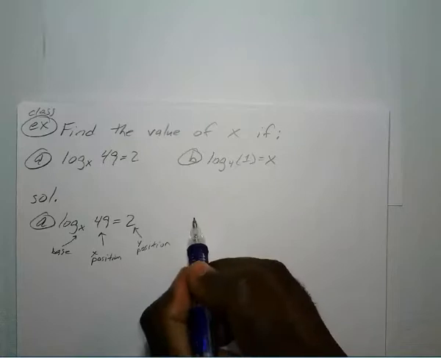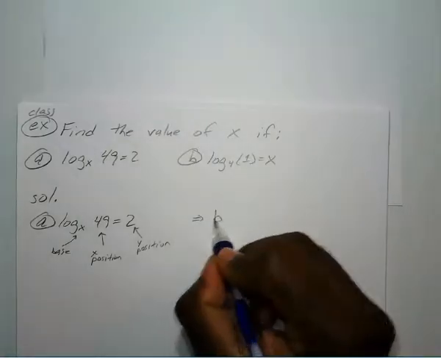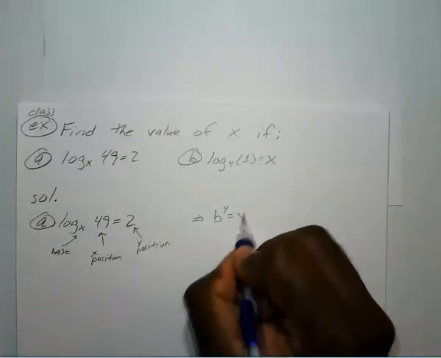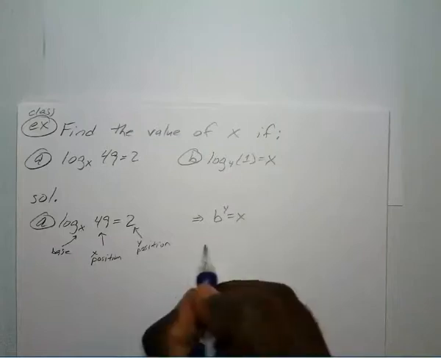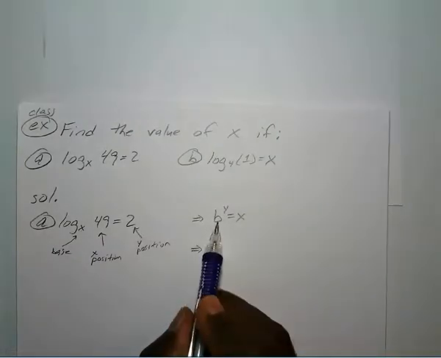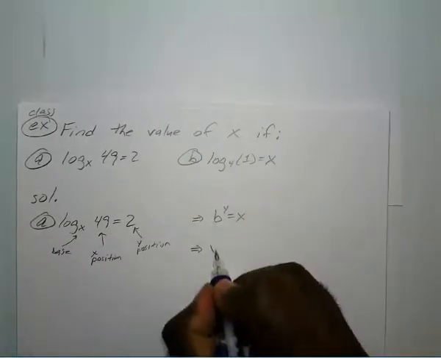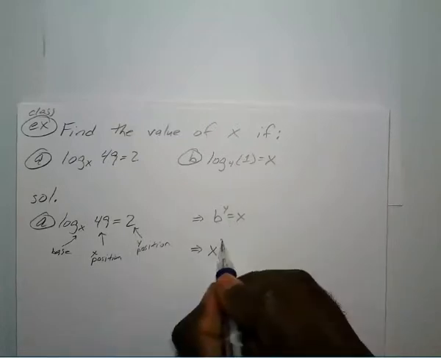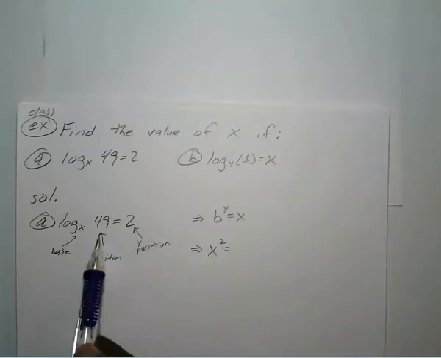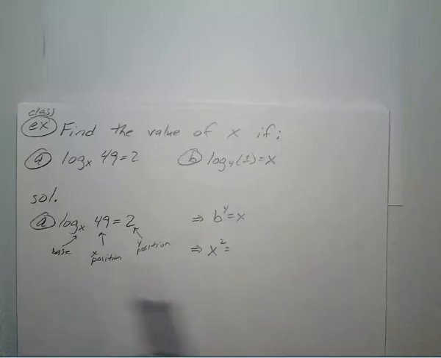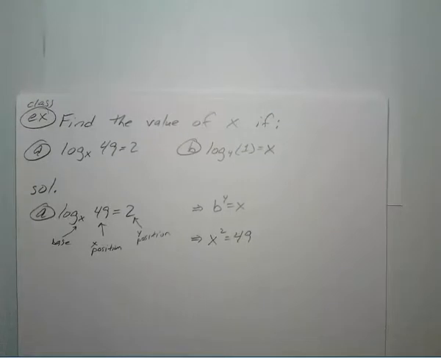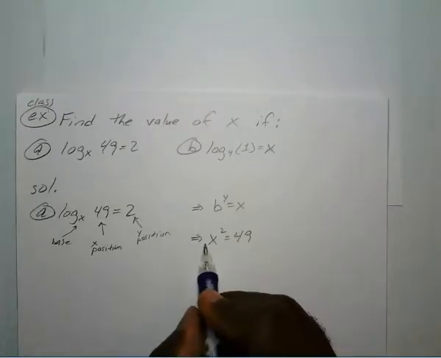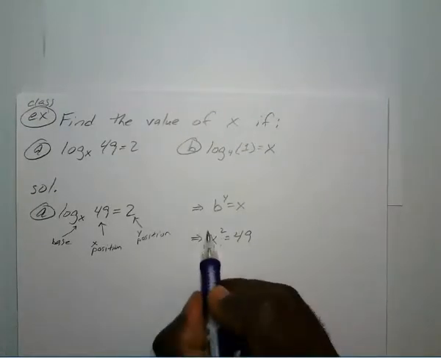Okay, so our b to the power of y equals x. We know our base is x, to the power of y, so x squared equals our x position here, which is 49. And again, if you wanted to subtract 49, you could, but we're going to just square root both sides.